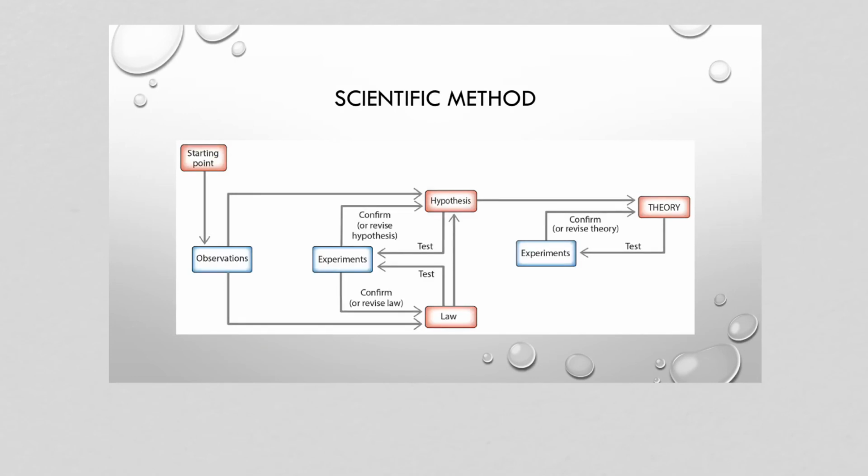So if we look at this in the big picture put together, one of the things we can understand is that all of these big three ideas, whether it's an individual hypothesis that we're trying to understand, or a law, or a theory, are constantly being revised, or constantly being tested, by more experiments, right?